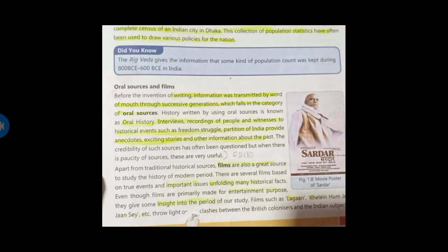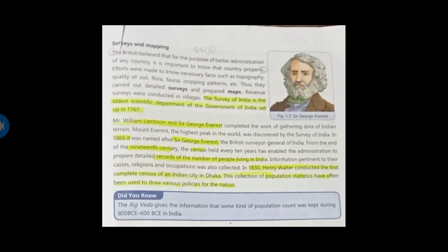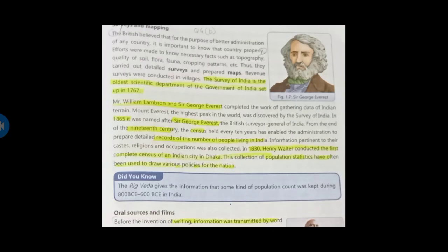These throw light on the Indian subjects, and there are some films which throw light on historical events and people like Gandhi, Shaheed Bhagat Singh, etc. They are made on historical personalities and are of immense help not only to understand their personal lives but also to study their contribution in the struggle for independence.